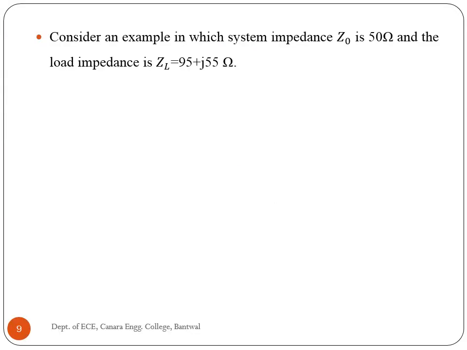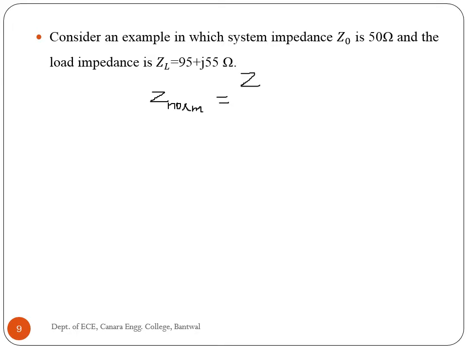Consider an example in which the system impedance is 50 ohm and the load impedance is 95 plus j55 ohm. Here we will see how to mark the impedance on the Smith chart and how to find the admittance corresponding to that impedance on the chart. Initially, we have to find the normalized impedance.